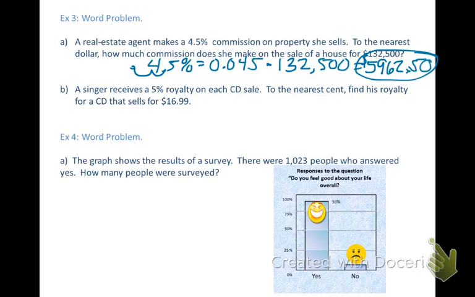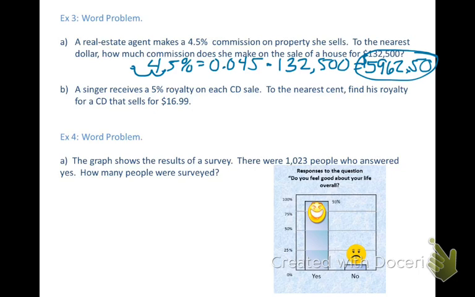All right, a singer receives a 5% royalty on each CD. That means for every CD that's sold, she makes 5% off of it. To the nearest cent, find the royalty for a CD that sells for $16.99. I'm rounding it to $17.